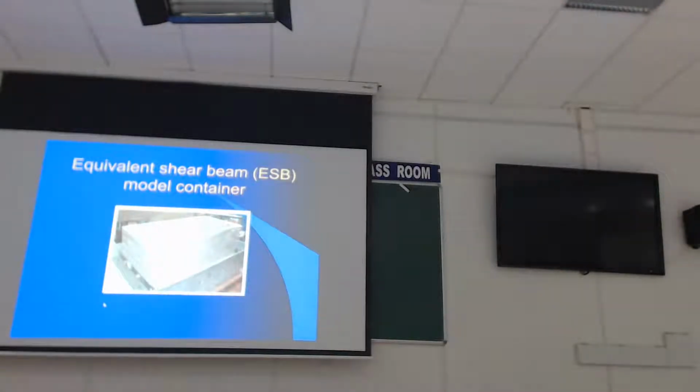So one way of doing this is this concept of the equivalent shear beam box. So you make a box which has alternate layers of rubber and aluminum. Okay, and this way you can match the dynamic stiffness of the box to the dynamic stiffness of the soil.